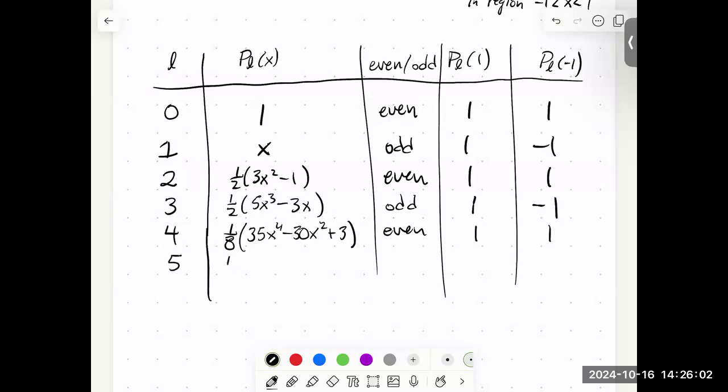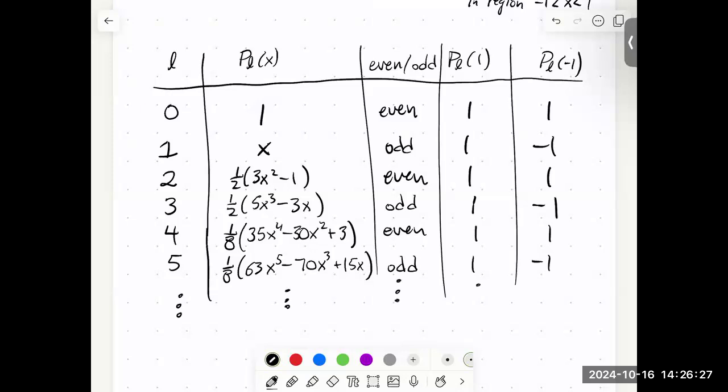This will be the last one I write down. You can see they're getting more complicated, but the fact that they are just either odd powers of x or even powers of x will always be preserved. Okay, and then we could just keep going.